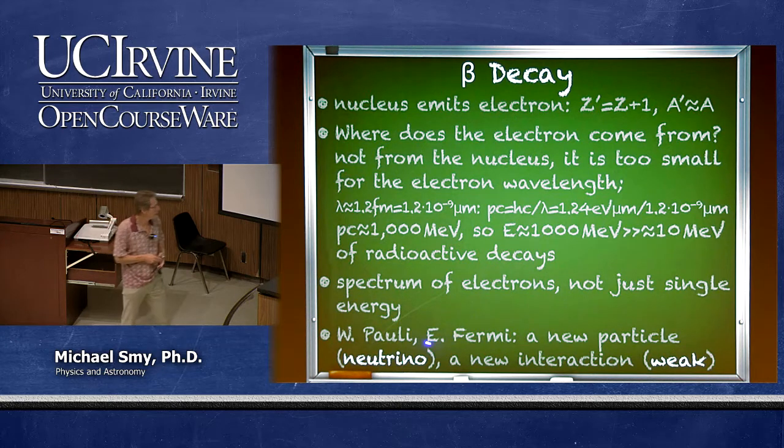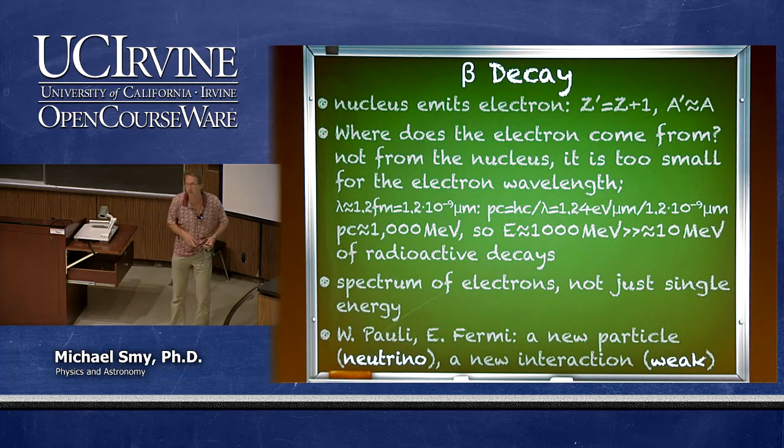Eventually, Fermi came up with a theory that also required a new interaction, meaning that this beta process is coming from yet another interaction, which is neither electromagnetic nor the strong interaction. And this interaction is called the weak interaction.